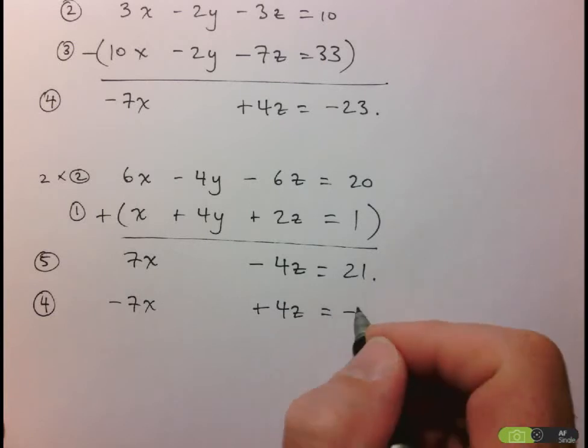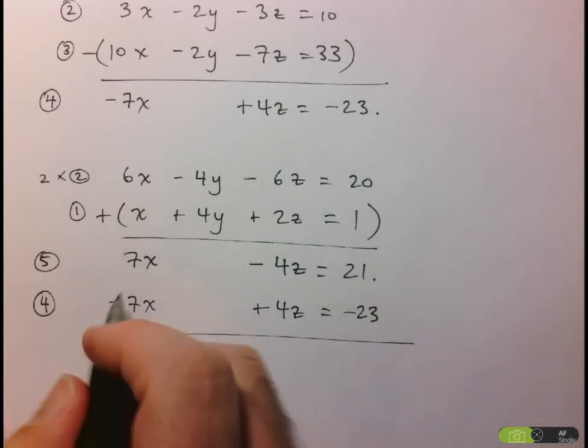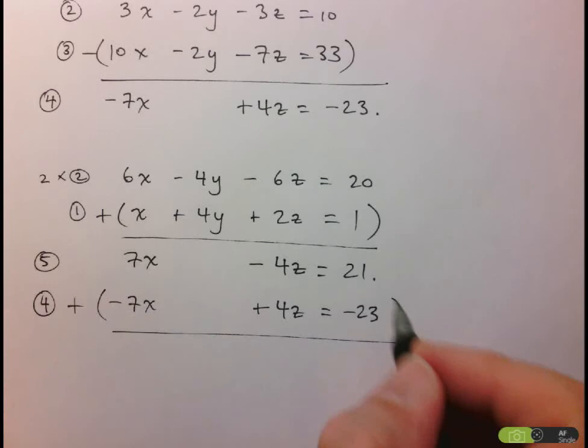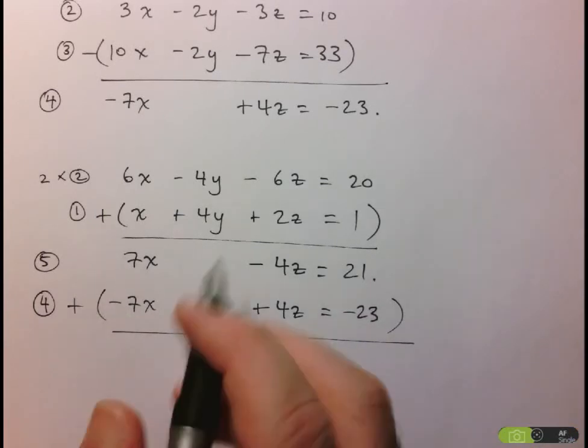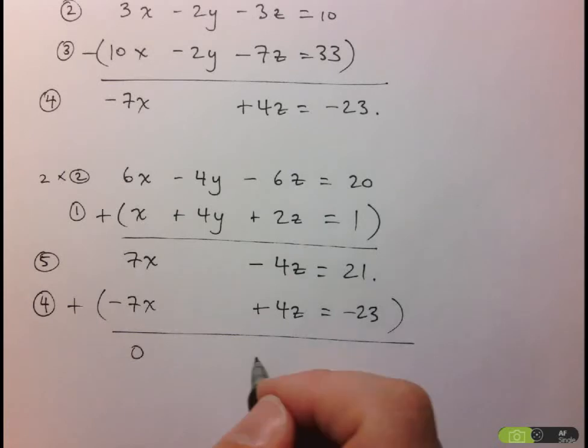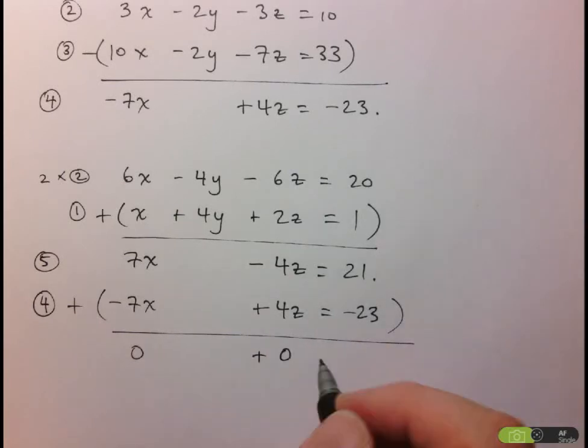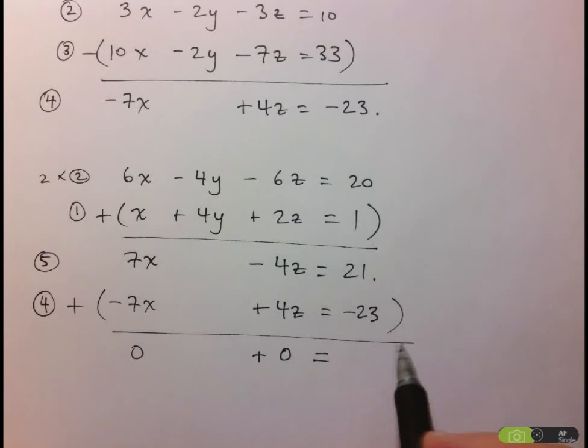So here, -23. And when I add these 2 equations, which I'll do because these signs are opposite here, I end up with 0, okay, plus 0 equals, well, 21 minus 23 is -2, so I end up with 0 equals -2.